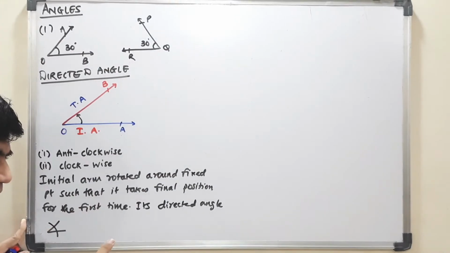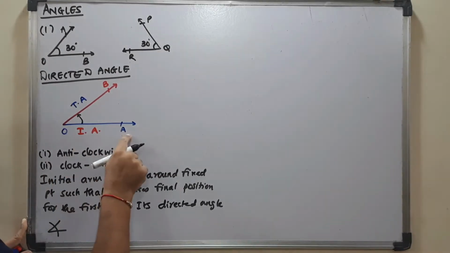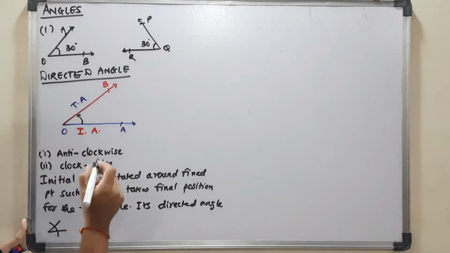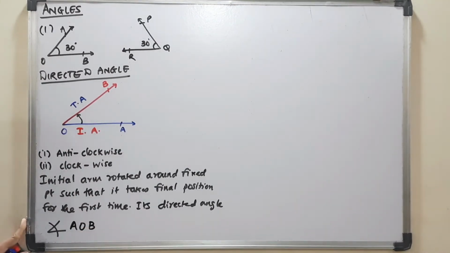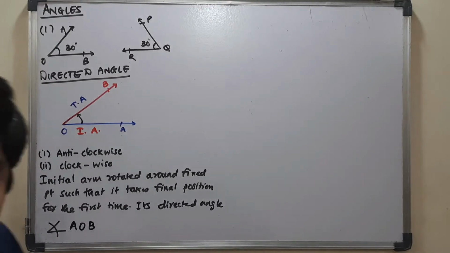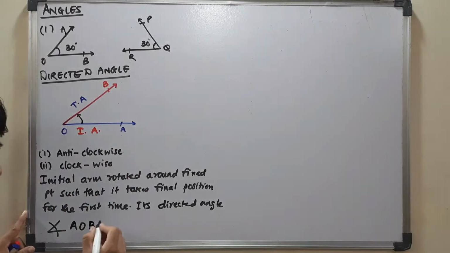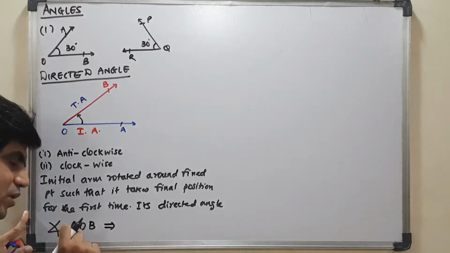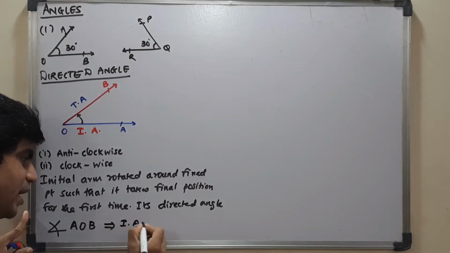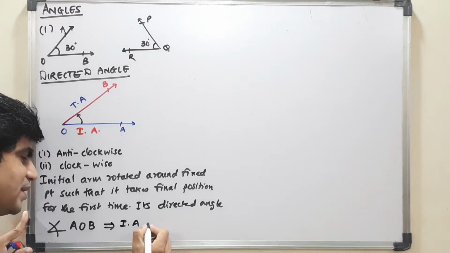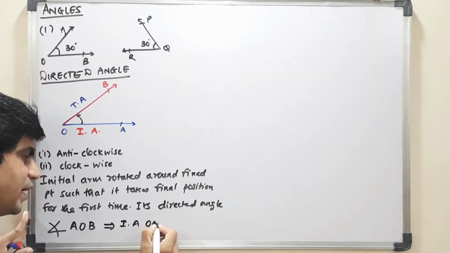So when I say directed angle, we generally write it like this. The initial arm is this OA. That means it will be A, O, and then the terminal arm. So from this it is understood, come to the vertex. OA is your initial arm. The initial arm is ray OA.